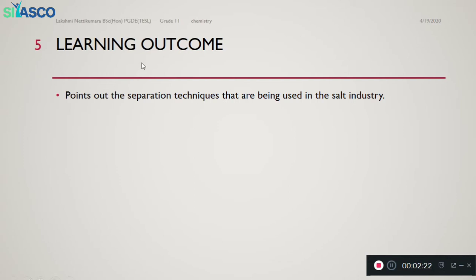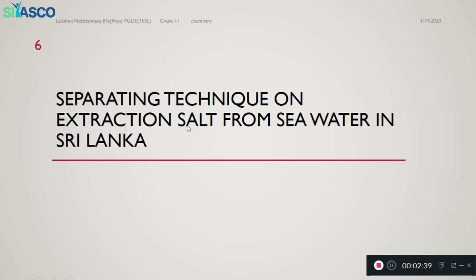Here we expect that you should be able to point out the separation techniques that are being used in the salt industry. Normally the questions are formed to check whether you can point out the separation technique. So let's see the separating techniques on extraction of salt from seawater in Sri Lanka.